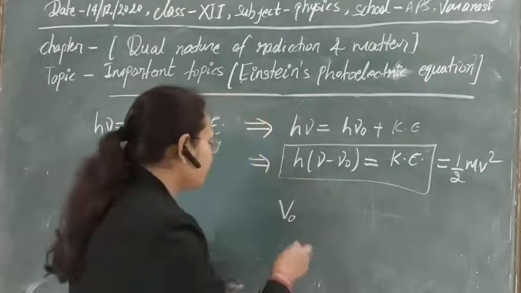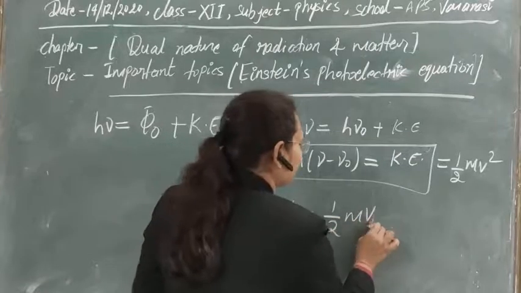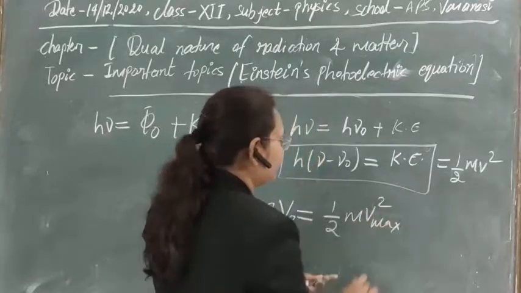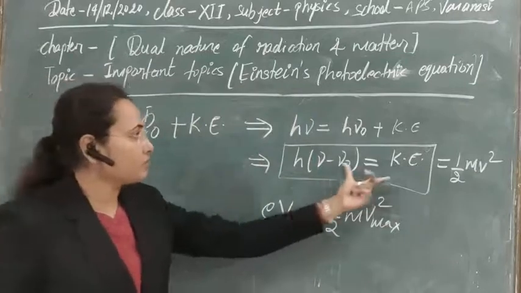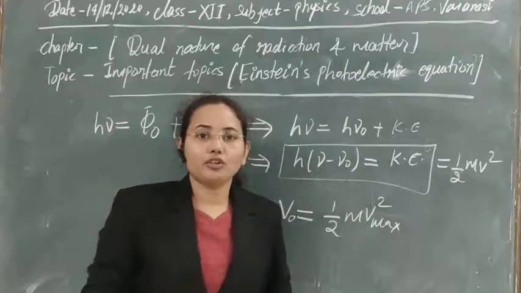So at stopping potential, this is equal to the maximum kinetic energy. Clear?